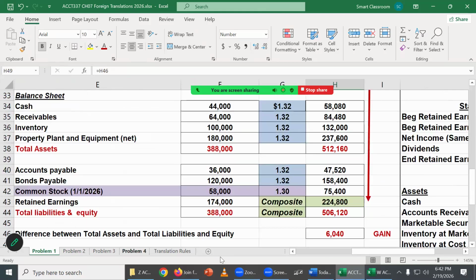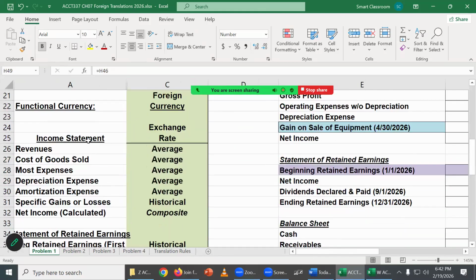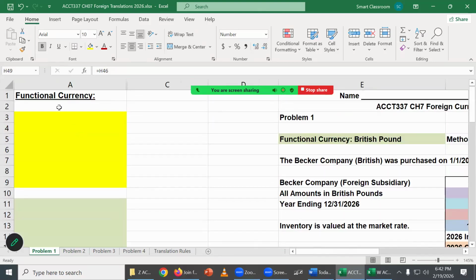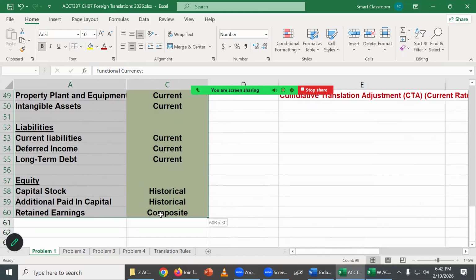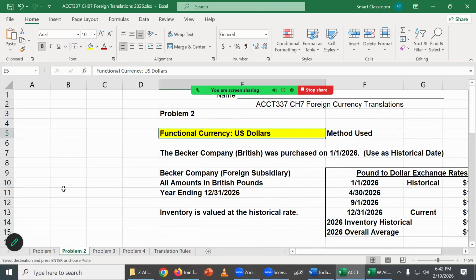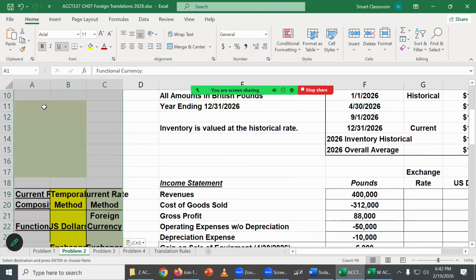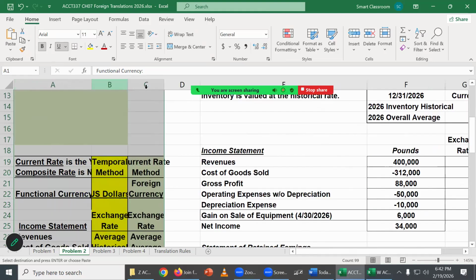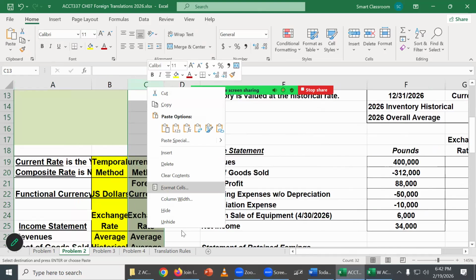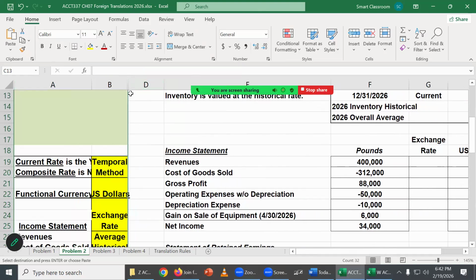And so the method we're going to use is the temporal method. Copy this over. And I'm going to make an adjustment here because we now don't want the current method. We now want the temporal method.